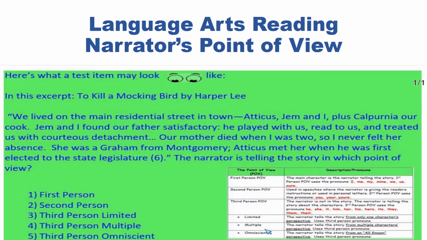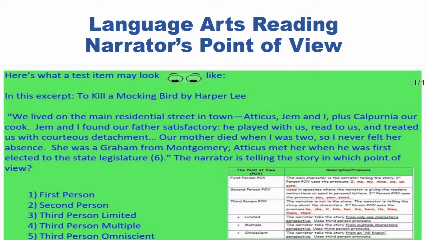And then lastly, you have your third person omniscient, and when this point of view is being used in a narrative, it is being told from an all-knowing perspective. So in this case, the narrator knows everything that's going on in the story and tells the story from that perspective.